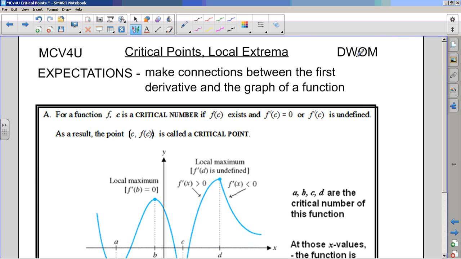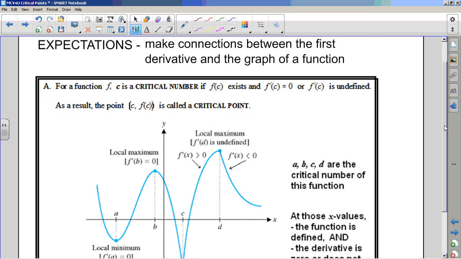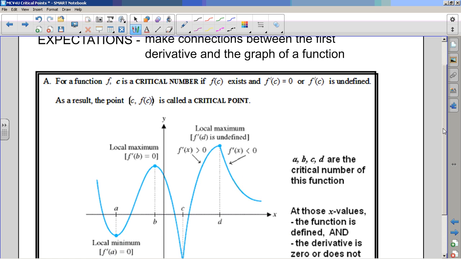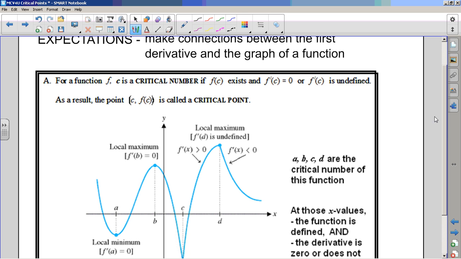So critical points. Don't write on me, but I never gave you this sheet, so you can write on it all you want to. You printed it off yourself, and hopefully yours looks good. There's a lot of information on this diagram, and I'm going to be going through this. It says for a function f, c is a critical number if f at c exists. So it has to exist. It can't be undefined there.